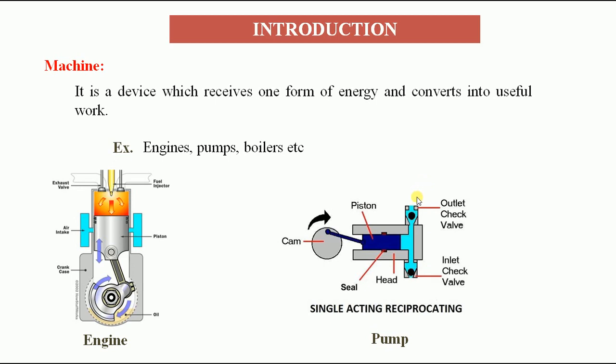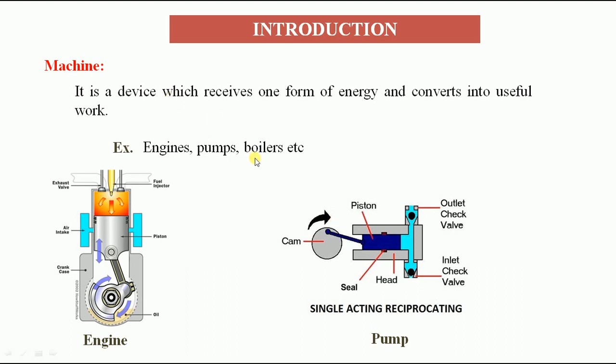That is the useful work you are getting. Here mechanical energy is converted into hydraulic energy. You are giving energy to the water to be displaced from a low level to a high level. So the useful conversion here is from mechanical energy into hydraulic energy.